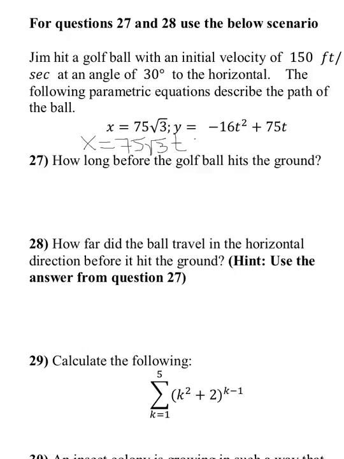It got chopped off or something. And then you're going to have the y equals equation. So you have x equals 75 root 3t, and then y equals negative 16t squared plus 75t. And you're going to enter those into your graphing calculator.